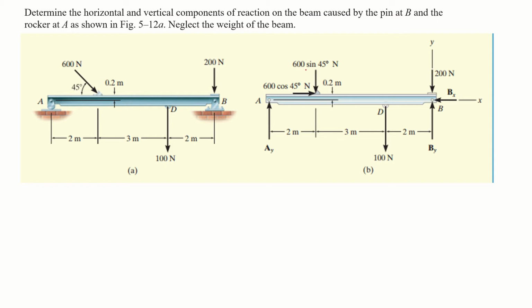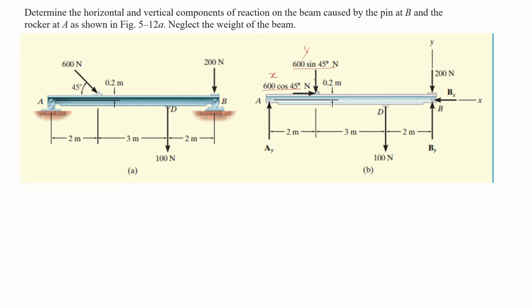This is 600 sine 45, which is the y component of this 600 Newton force, and this 600 cos 45 is the x component of this 600 Newton force. The second force is 100 Newton, and then we will draw the reaction forces.